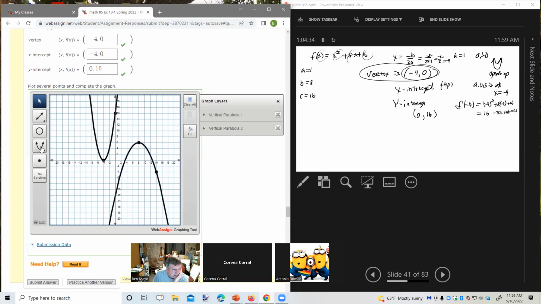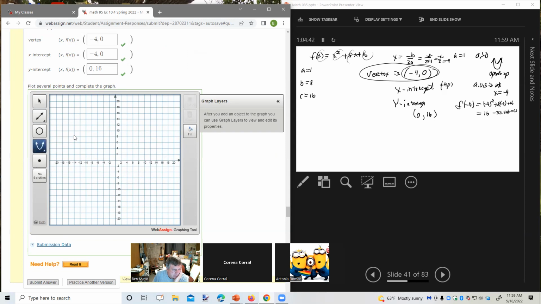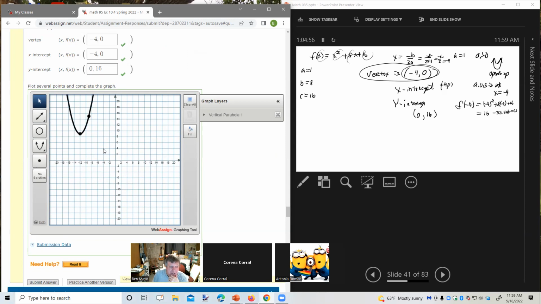All right, let's graph this parabola. How many x-intercepts does that one have? None. Right, good.